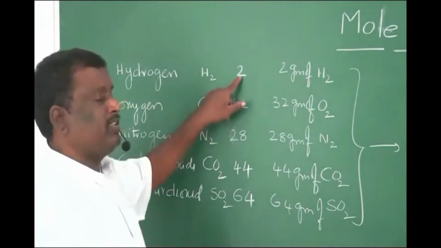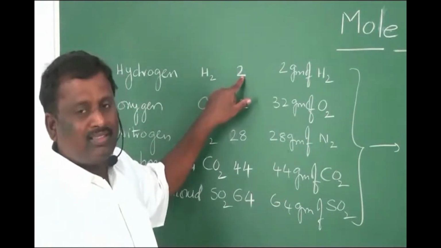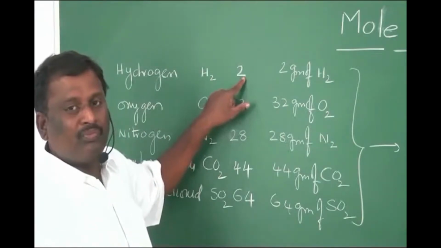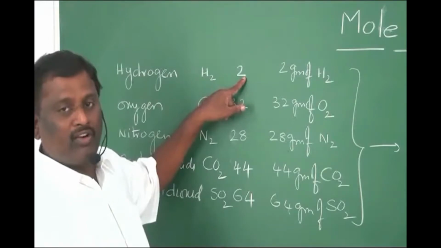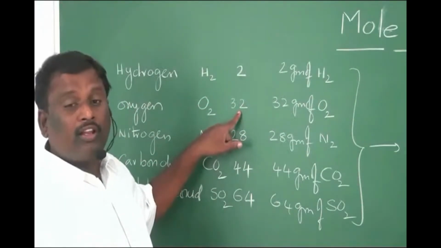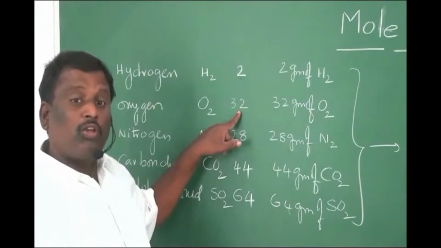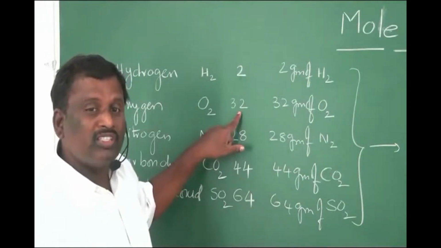So this H2 molecule is 2 times heavier than that mass, that is 1 AMU, 1/12 of C12 isotope. So 2 is said to be the molecular weight of hydrogen. 32 is the molecular weight of oxygen, because the oxygen molecule is 32 times heavier than 1 AMU, which is a basic unit.